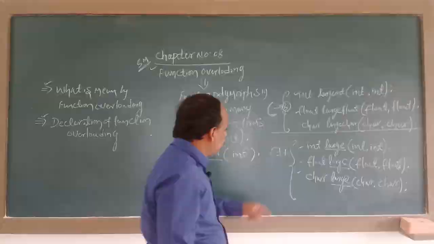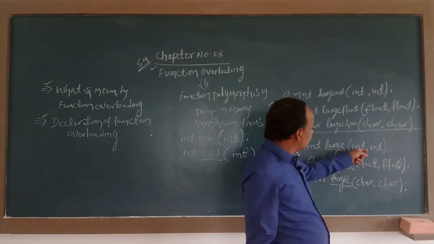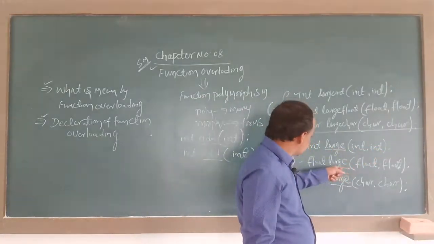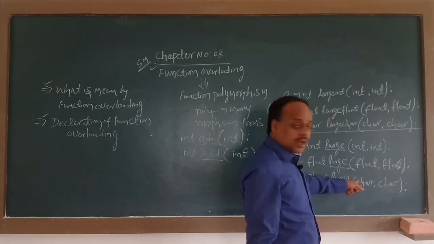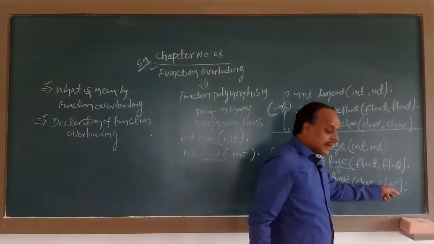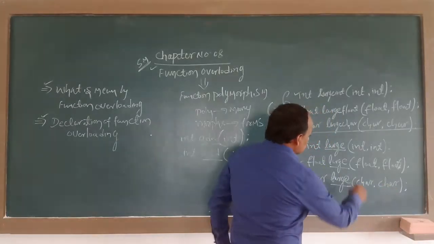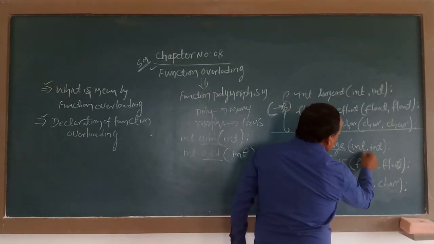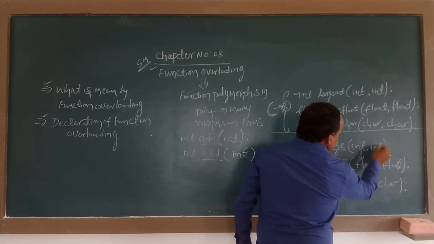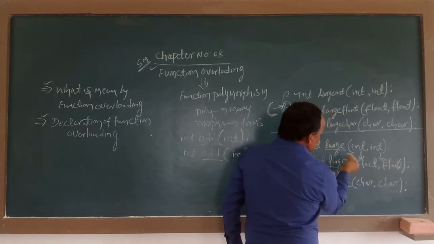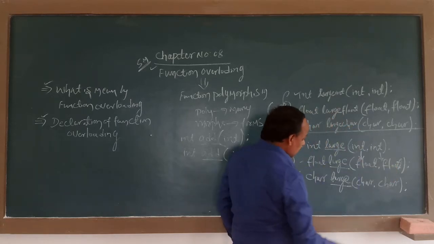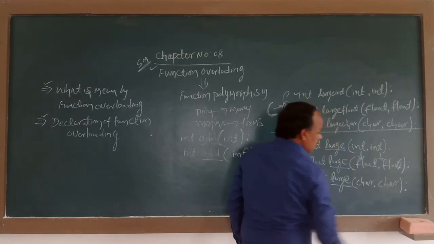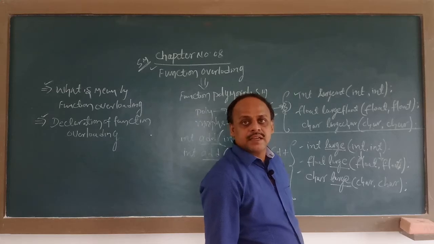Check it. The first function has argument list int. The second function has argument list float. The third function has argument list char. Means the first function's arguments, int, are not matching with the second function's arguments because they are float. The third function contains char as the argument list data type.